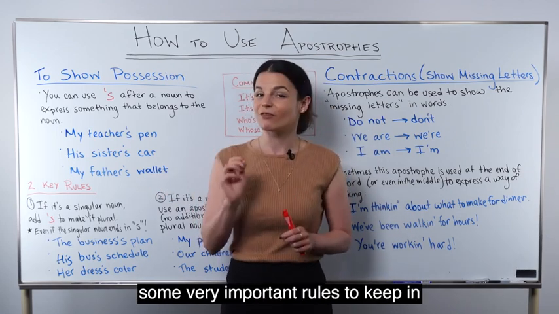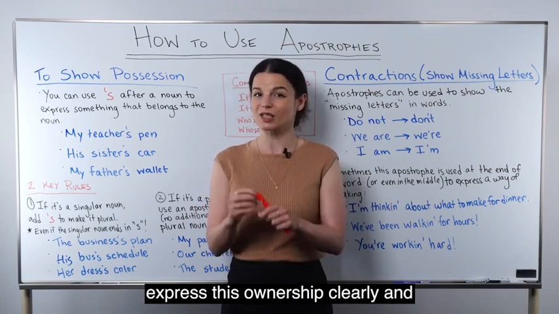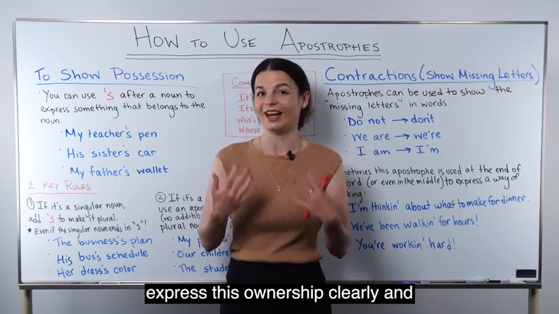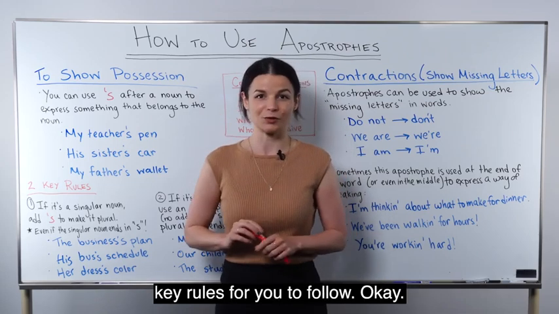But there are some very important rules to keep in mind to make sure that you always express this ownership clearly and correctly. So let's take a look at two key rules for you to follow.